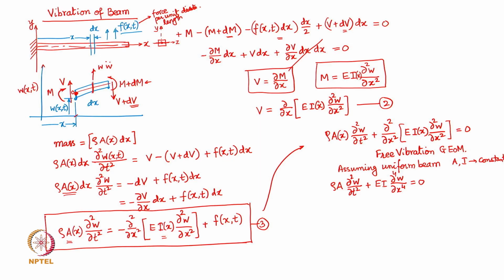And I can now formulate this equation into this form. I can write this as ∂²w/∂t² plus c² ∂⁴w/∂x⁴ equal to 0, where c is equal to the square root of EI over rho A, right? So that is your constant c.